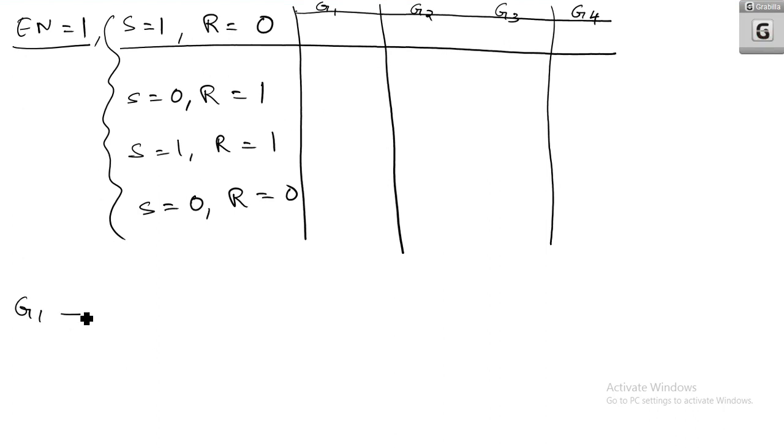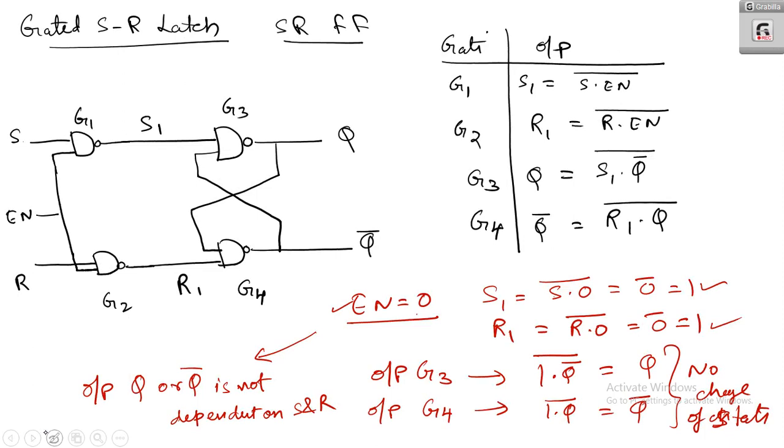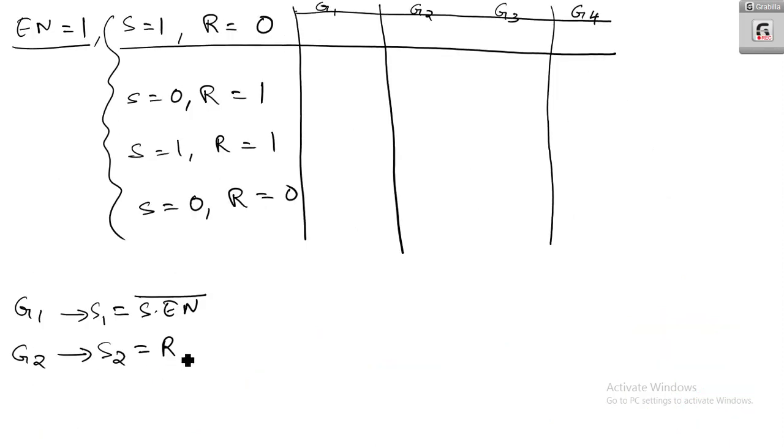Output of G1 is basically S1. What is S1? S1 is S dot enable the whole bar. Output of G2 is R1, that is R1 is equal to R dot enable the whole bar.